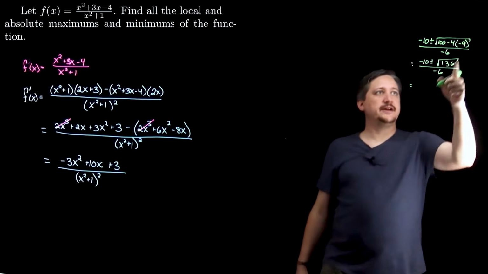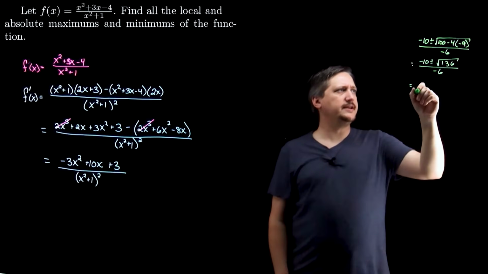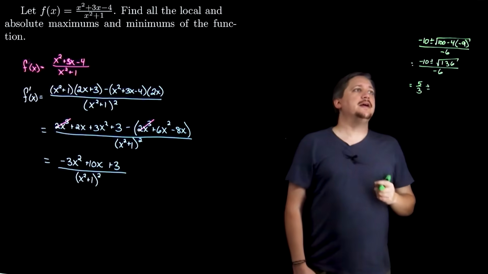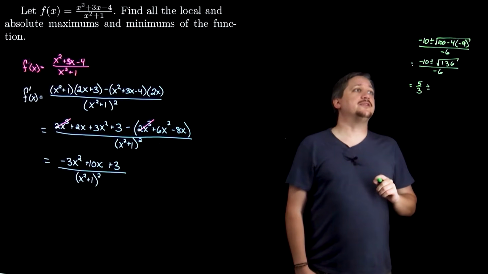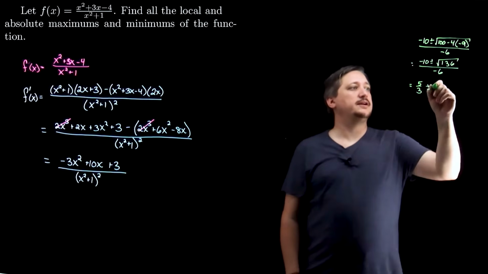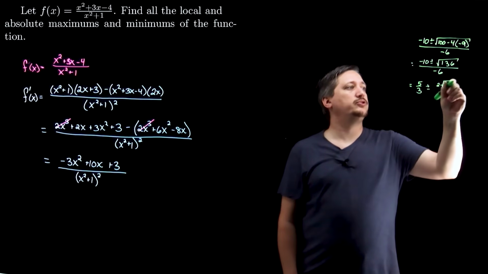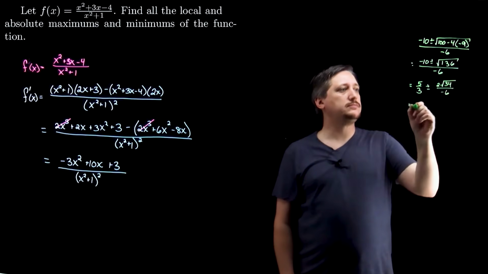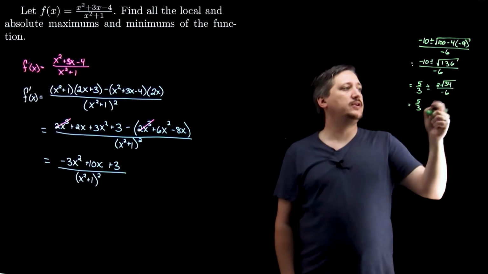If I split the -6, I'm going to get 10 over 6, which is 5/3, plus or minus. And then let's see, 136, so 4 goes into that 34 times. So I'm going to get 2 root 34 over -6, which is 5/3.